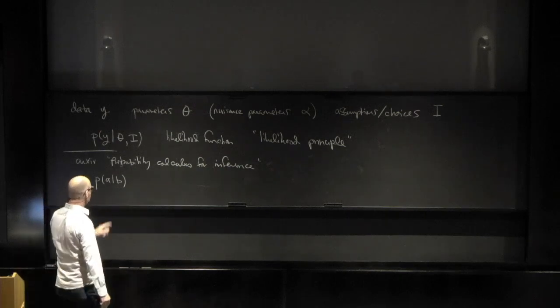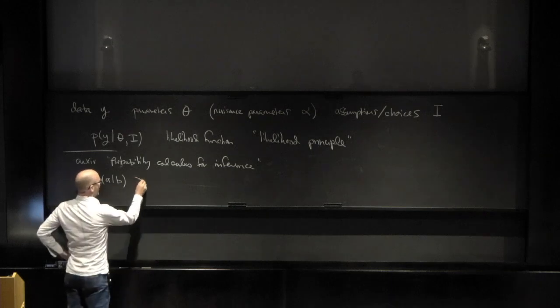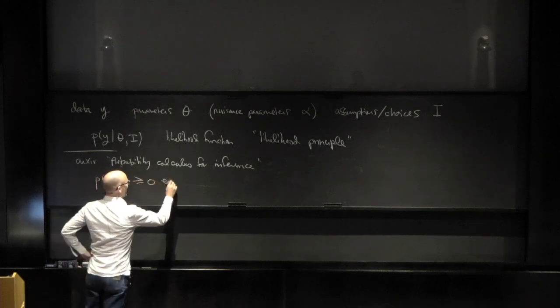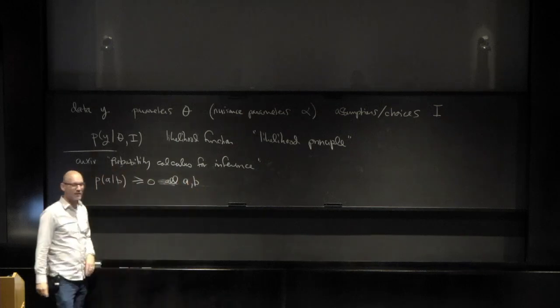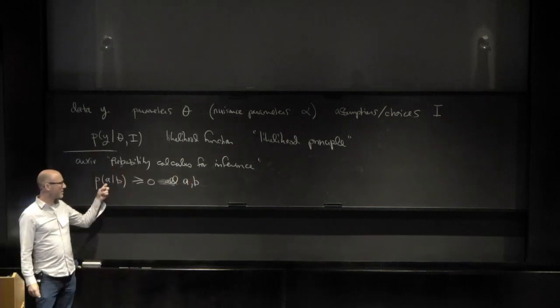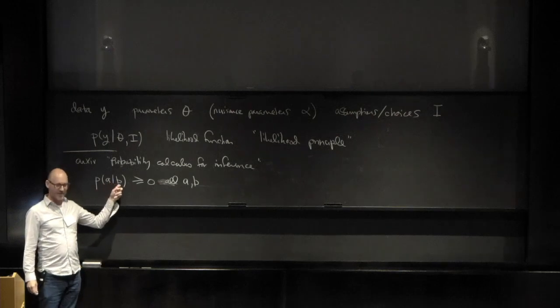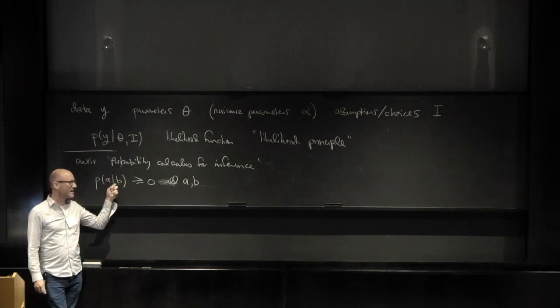The first is that it's greater than or equal to 0 for all A and B. You read this as probability of A given B.